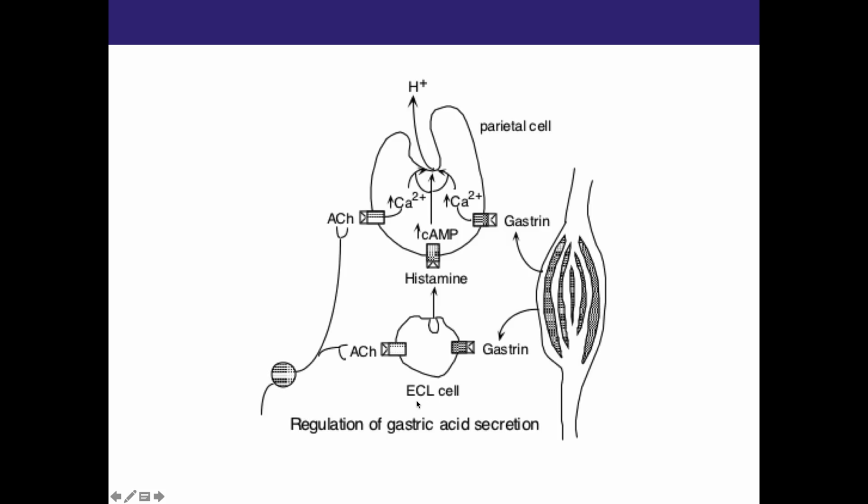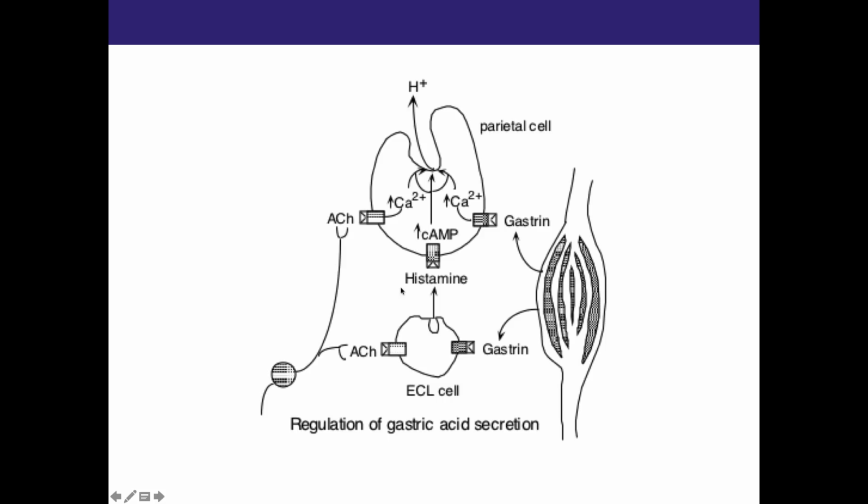So during the cephalic phase, when you're just smelling food or thinking about food, you guys starting to get hungry? No, not yet? Okay. What happens is you start to already produce a little bit of gastrin, a little bit of acetylcholine through those vagus nerves.